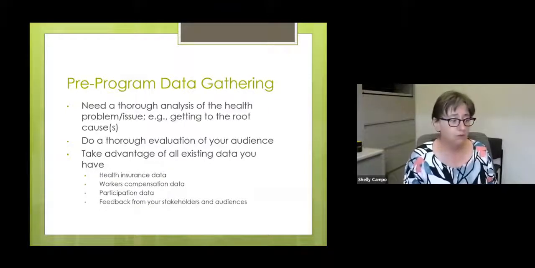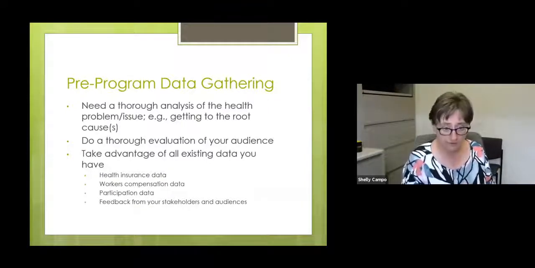You might have information about your customer base and what it is they're calling about and needing or wanting. You might have access to insurance or health information or appointments. You might be able to look at claims for workers' comp if you're working with organizations. You might have participation data in your services and your programs, and the nature of who's attending your events.